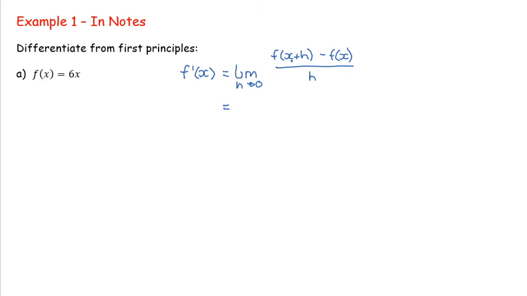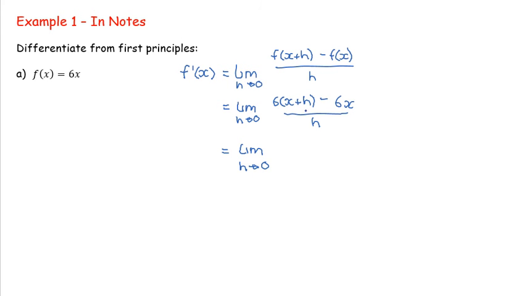F of x plus h, however, is just what we get when we substitute in x plus h in place of x. So what we get is the limit as h tends towards 0 of, now if I substitute x plus h into that function, I get 6 times x plus h, minus f of x, which is just 6x, all over h. If I continue down to simplify that, so that's the limit as h tends towards 0.